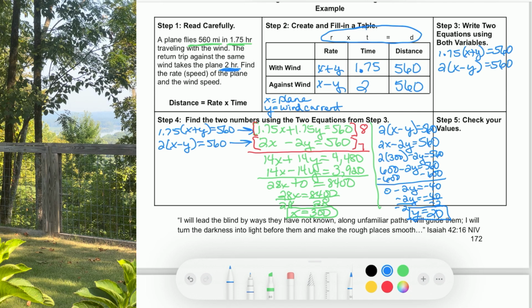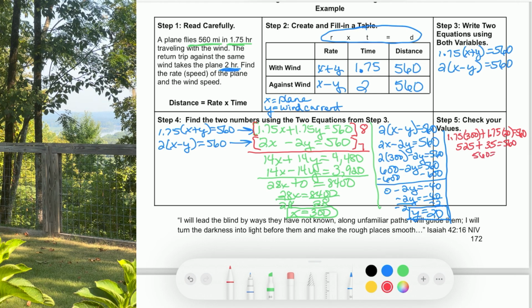All right, so we're going to check our values. We're going to plug them in to both equations and just see if they work. Let me draw a little line here so we don't get confused. So I have 1.75 times 300 plus 1.75 times 20 equals 560. 1.75 times 300 is 525. 1.75 times 20 is 35.